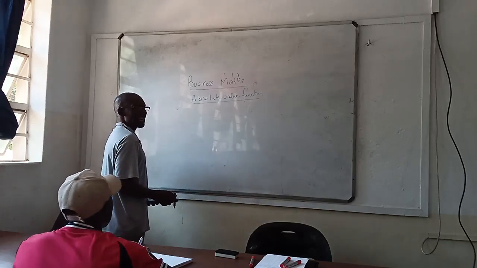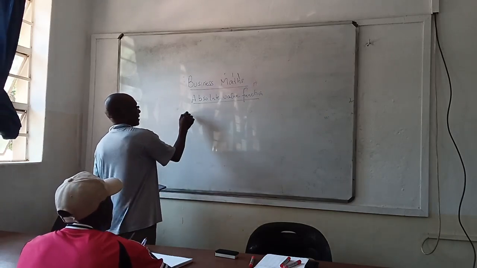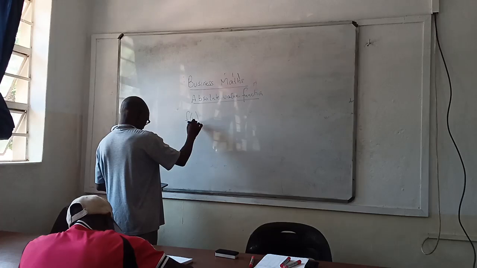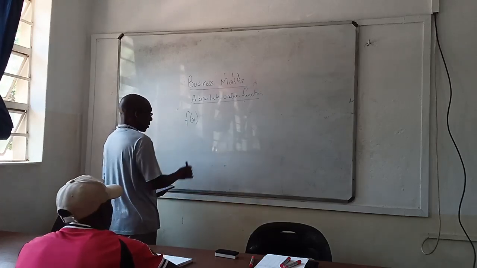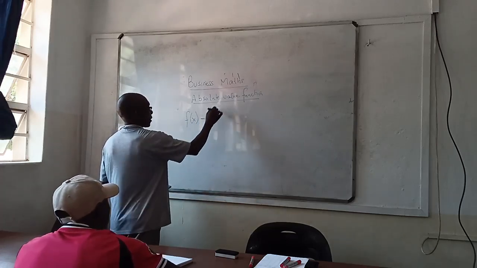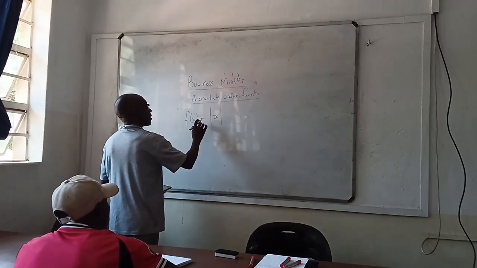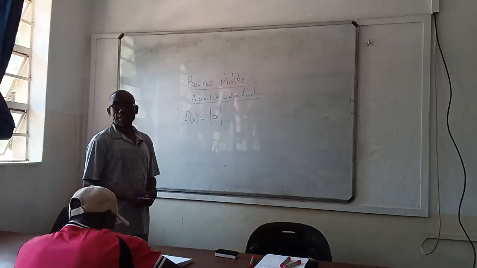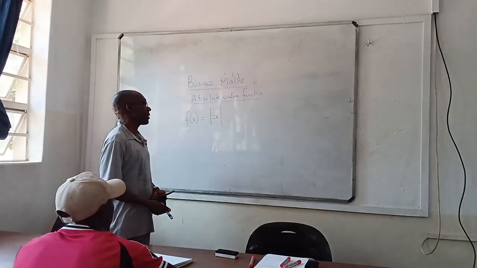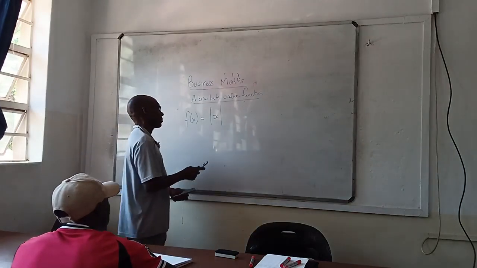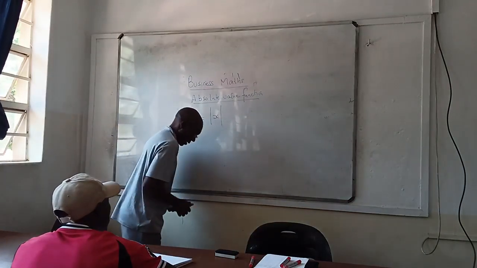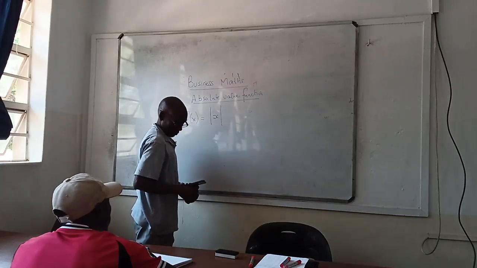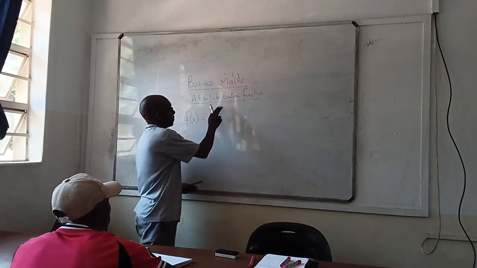I assume that this absolute value function is defined as f of x equals the absolute value, which is symbolized by two bars, like two bars here.